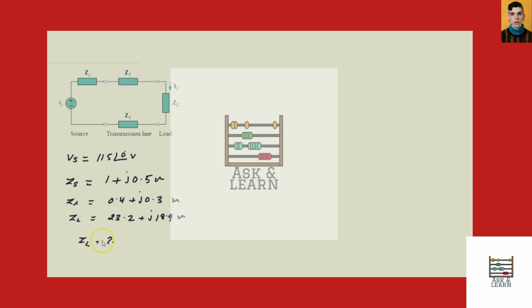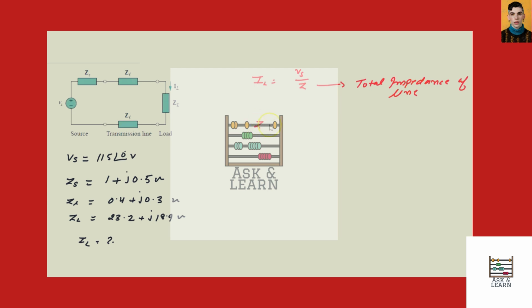We have to find the value of the load current IL. So we know that the load current is given as IL equals Vs upon Z, where Z is the total impedance of the line. So first we have to calculate the total impedance of the line.